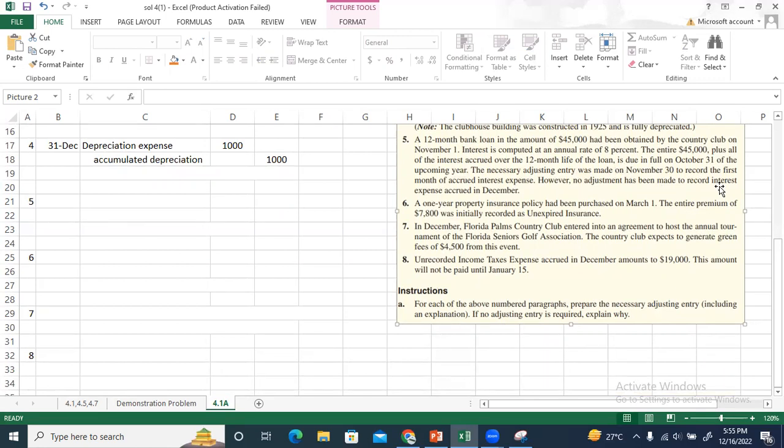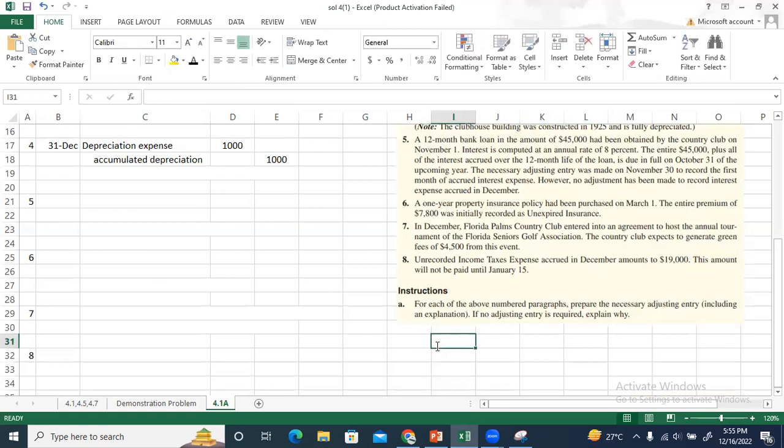So $45,000 is the principal amount that you have to return. And on this $45,000, you will have to pay an amount of 8% as well. So let's just calculate this. 45,000 times 8%. So 3,600 is the amount of interest that you will have to pay on this loan.